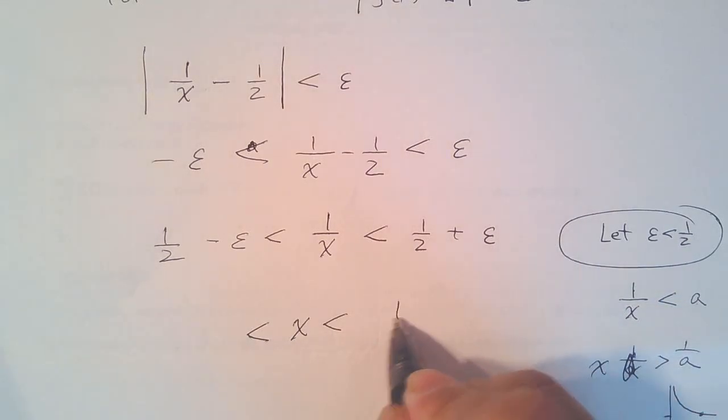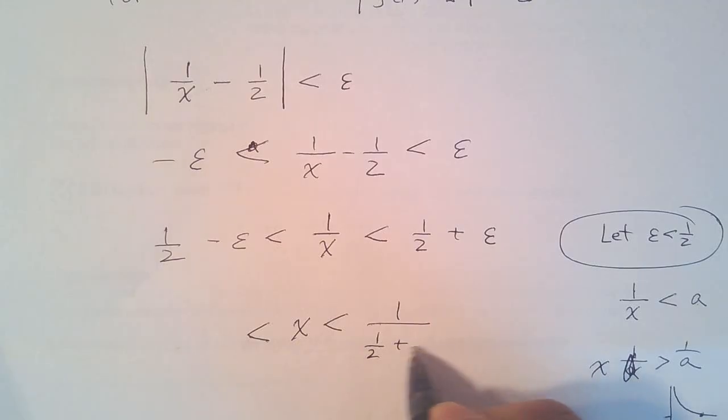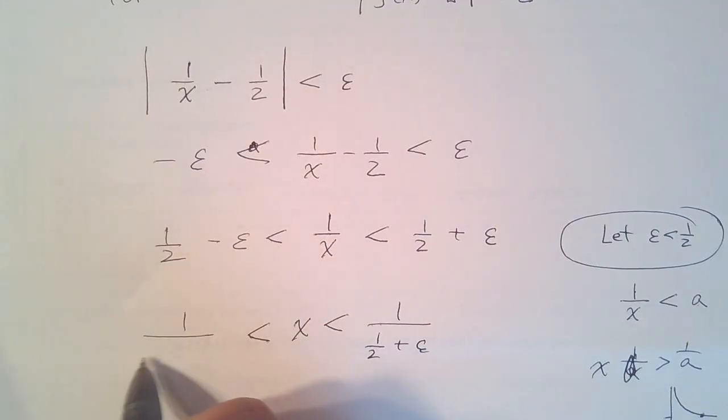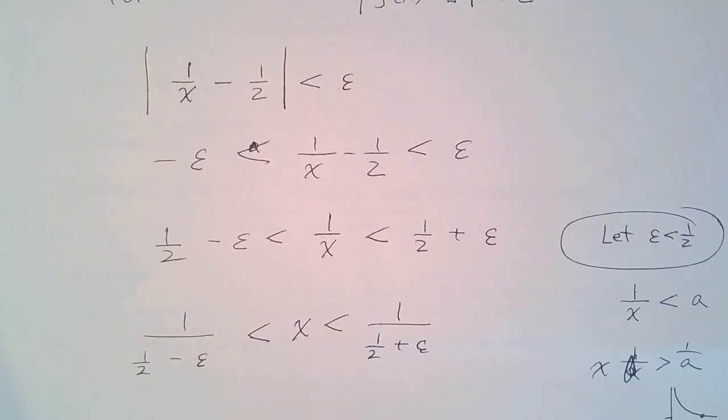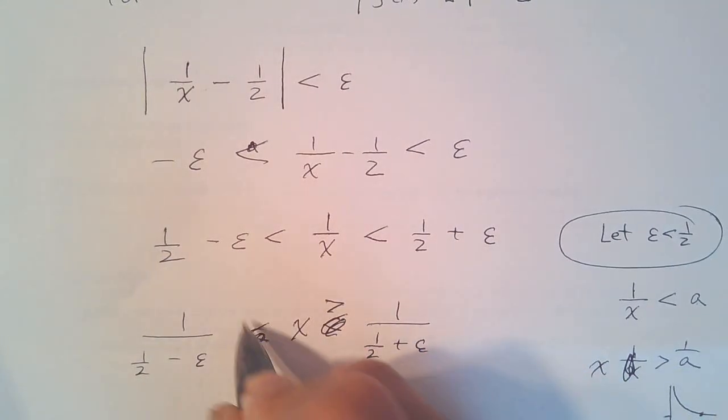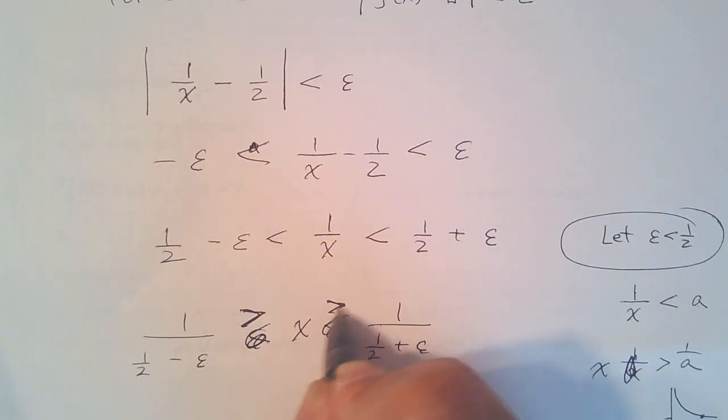So that's going to be 1 over 1/2 plus epsilon, and 1 over 1/2 minus epsilon. Did I change the direction? Sorry, I've got to change it. See, I forget things.